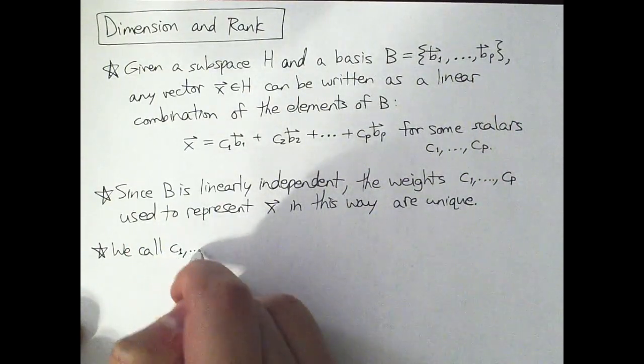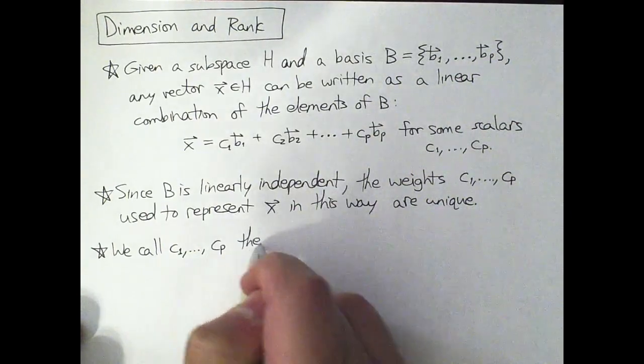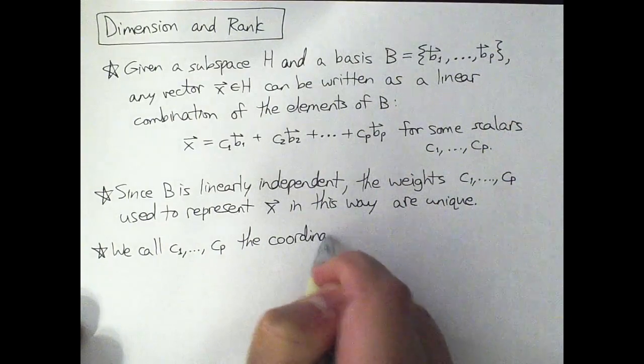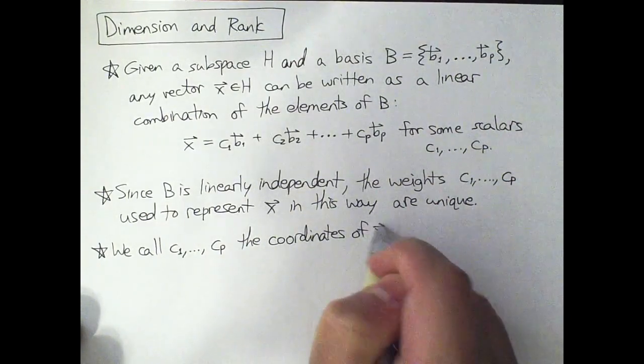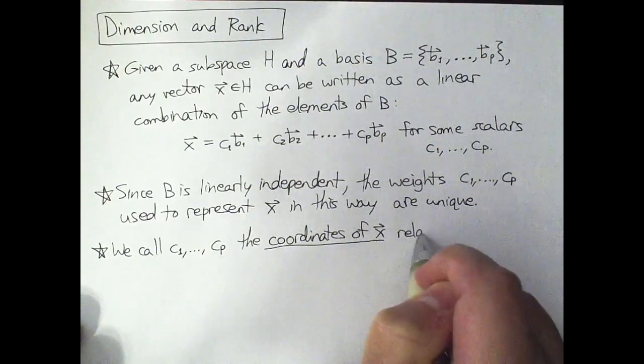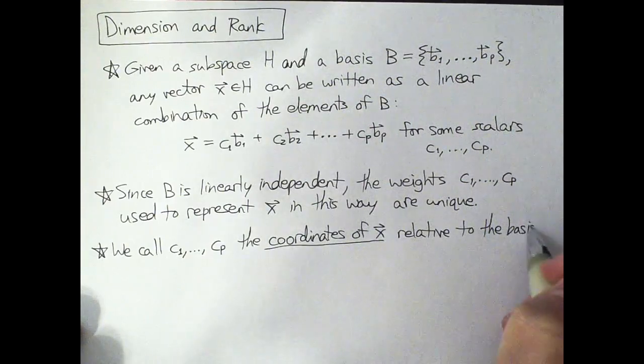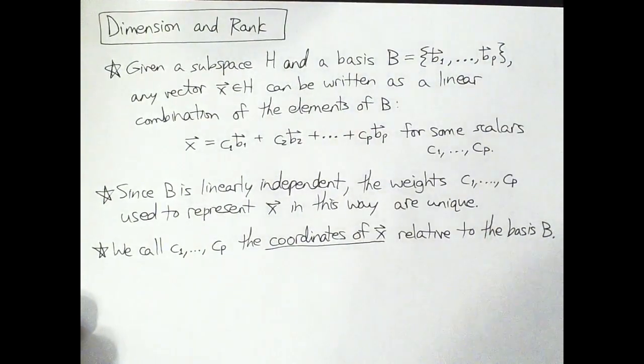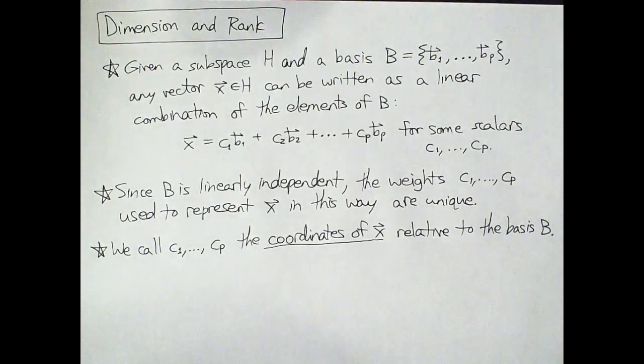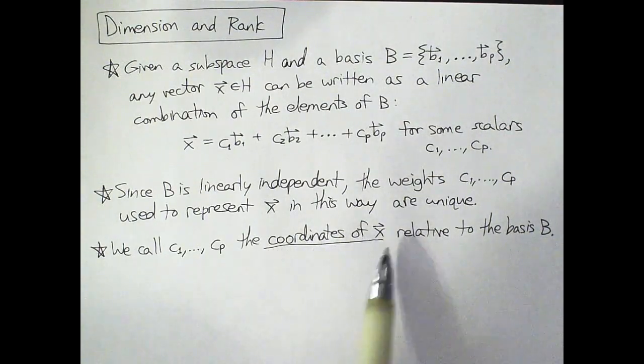We call these weights the coordinates of x relative to the basis B. All right, so that's our first definition for this section, coordinates. It makes sense that we would give these things a name if the set of weights for a particular x are unique. We say the coordinates.